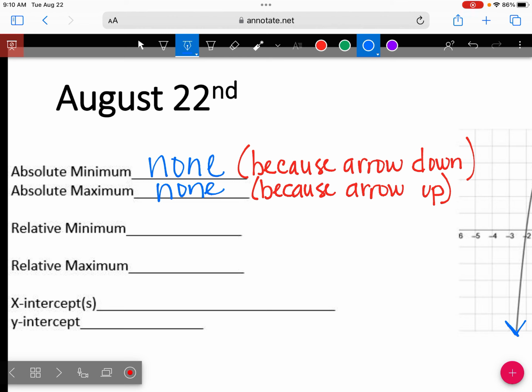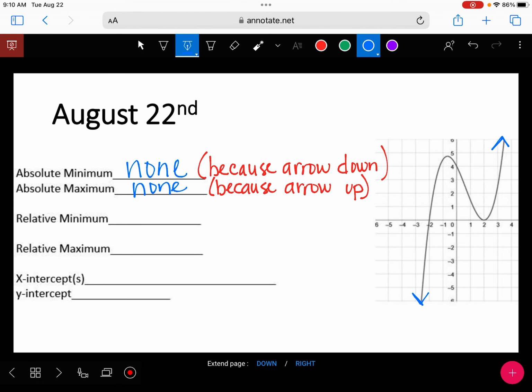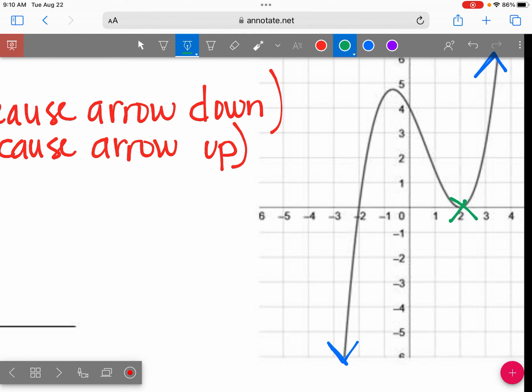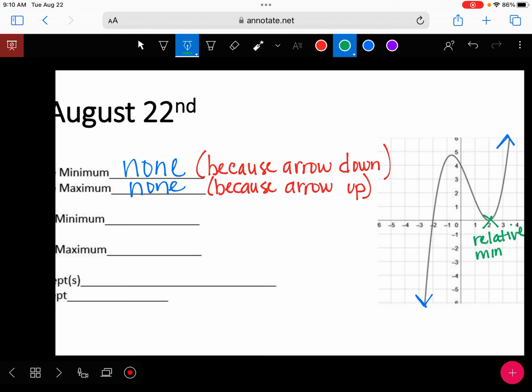Relative minimum is a dip in the graph. Now, we don't have an absolute minimum, but we do have a relative minimum right here. That is a dip in the graph. I'm going to label that relative minimum. And that point is at 2, 0.